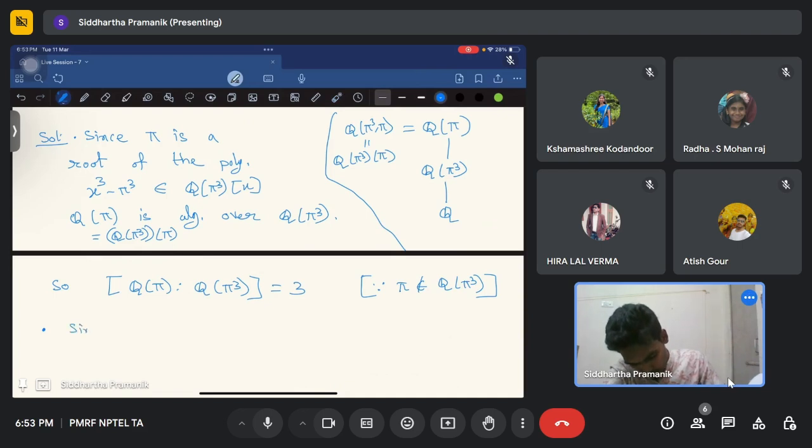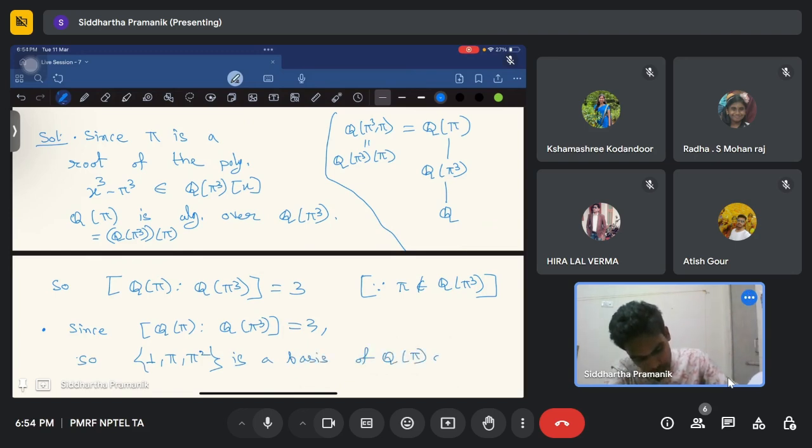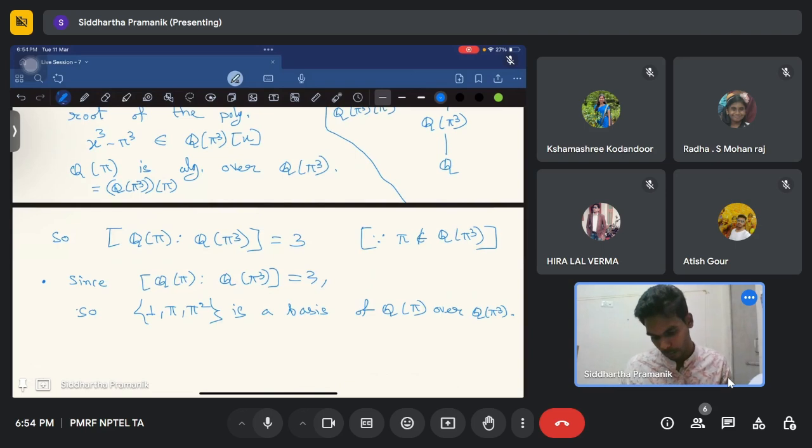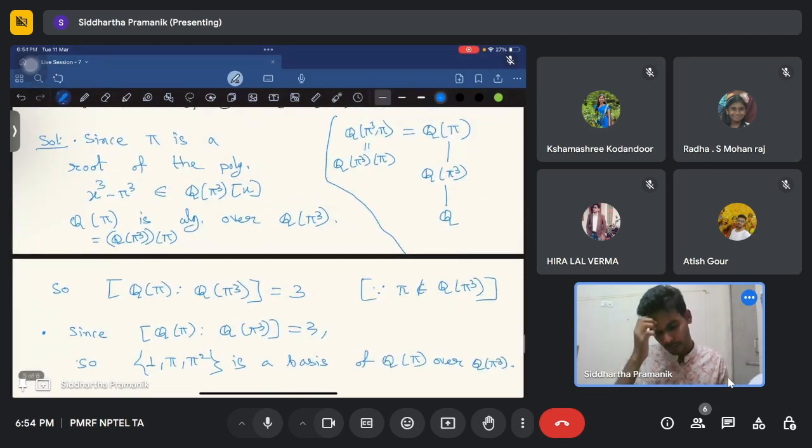Since this degree is 3, 1, pi, pi^2 is a basis of Q(pi) over Q(pi^3).